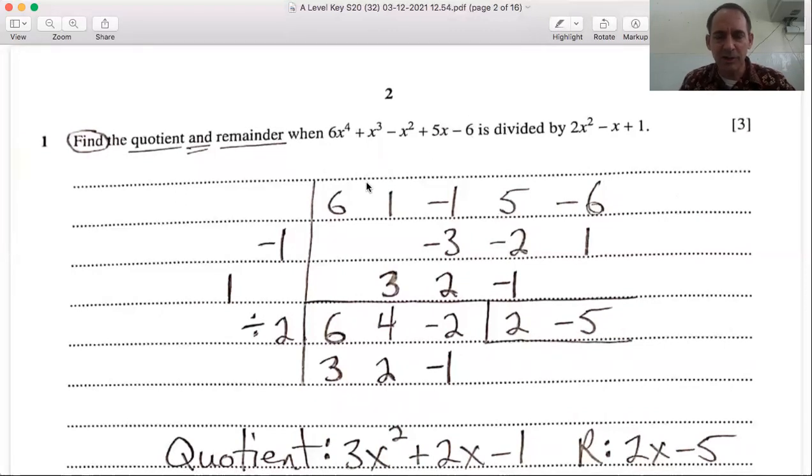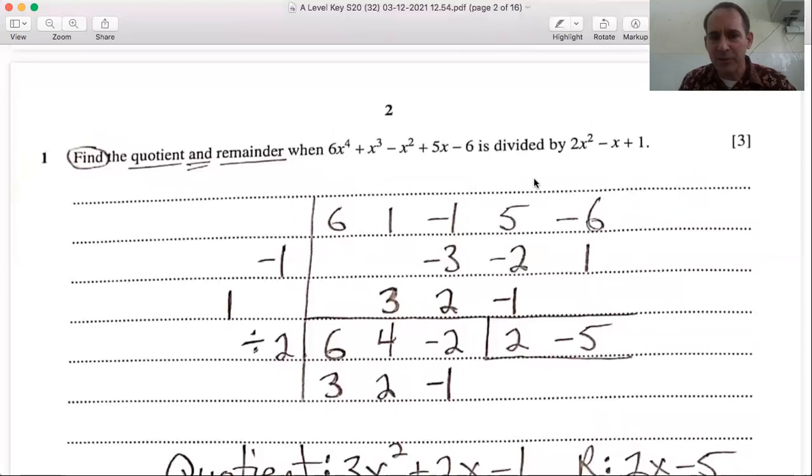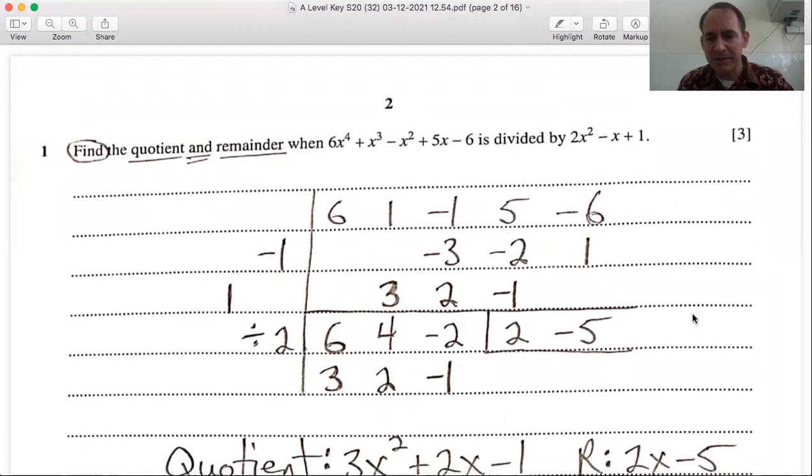So just take the coefficients 6, 1, -1, 5, -6, and then the divisor is a quadratic, 2x squared minus x plus 1. By the way, if you're missing an exponent, you do need to hold its place value with a 0. So make sure all of your exponents are represented. Anything that might be missing, you'll use a 0 for. In this case, they're all given.